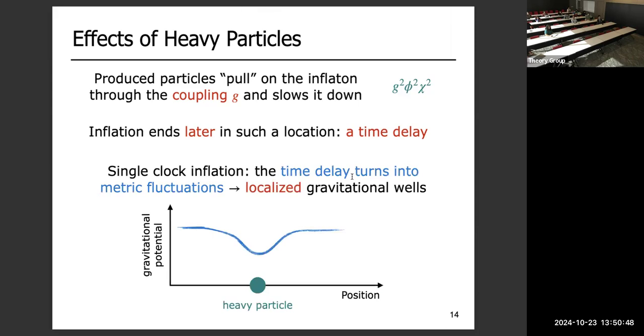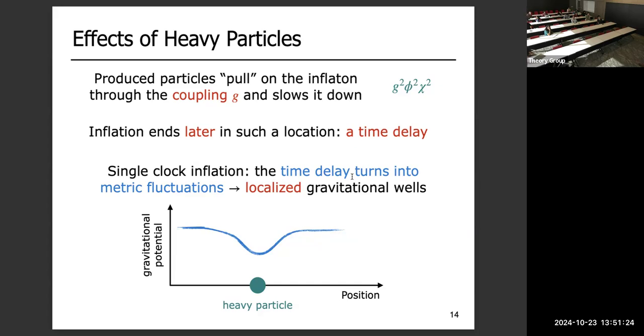But in the context of single clock inflation, if you have a time delay, that amounts to having a non-trivial scalar metric fluctuation, so a non-trivial curvature perturbation if you want. But because this time delay only happens where these particles are, this modification to the curvature perturbation happens in a very localized sense. So just to draw a picture here, if you plot gravitational potential as a function of position, and you have a heavy particle at some coordinate location here, what you would find is that the gravitational potential away from that region is unmodified.